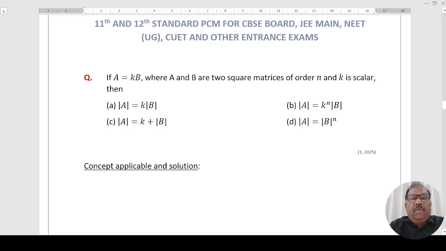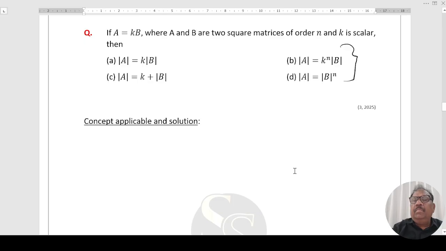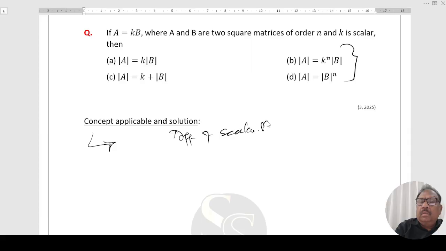Question is, if A equals KB, where A and B are two square matrices of order n, and K is a scalar, then we have to pick one of the correct answers. The answer can be given orally within 2 seconds, but I will clear the concept first. The difference of scalar multiplication in matrix and determinant.